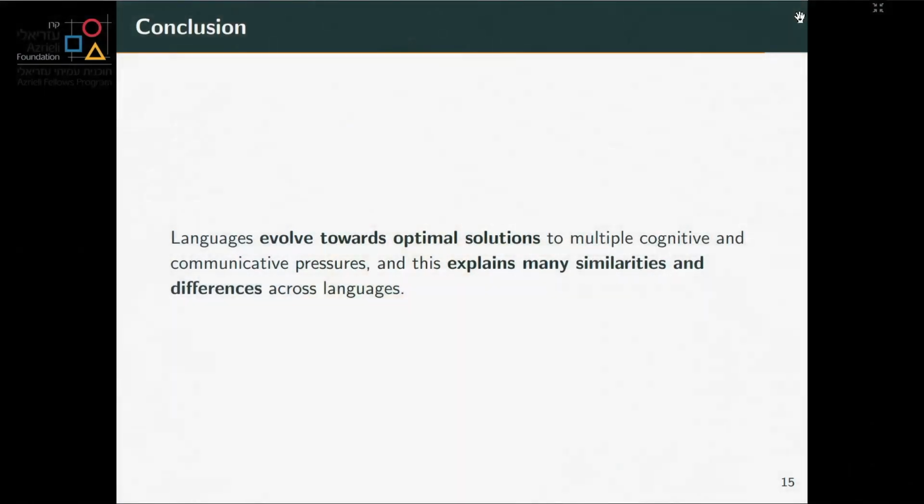And so this case study illustrates more generally how we can look at how cognitive capacities emerge, so why they are the way they are. In particular, for the case of languages, we see that they seem to be evolving towards optimal solutions to multiple cognitive and communicative pressures, and this explains many similarities and differences that we find across languages.